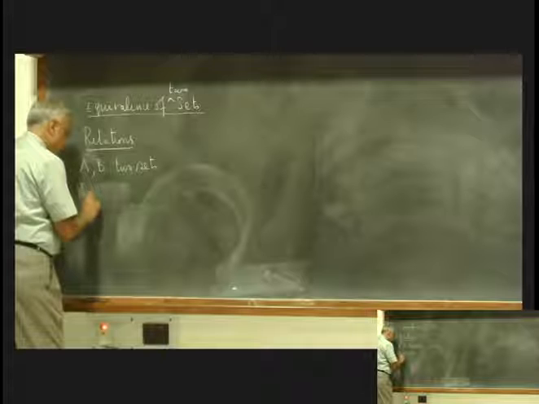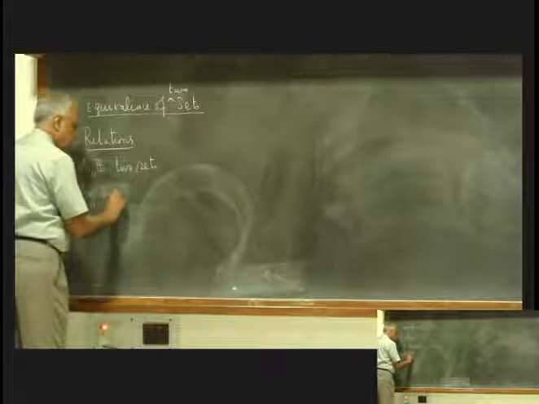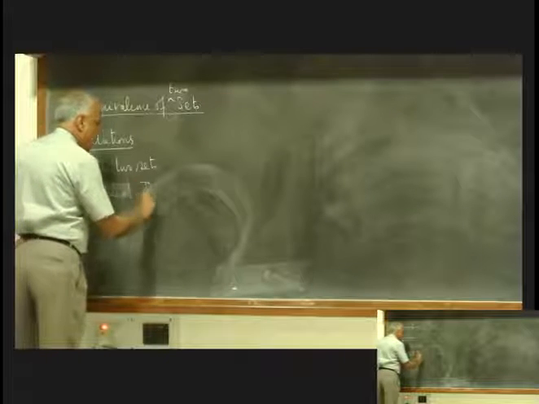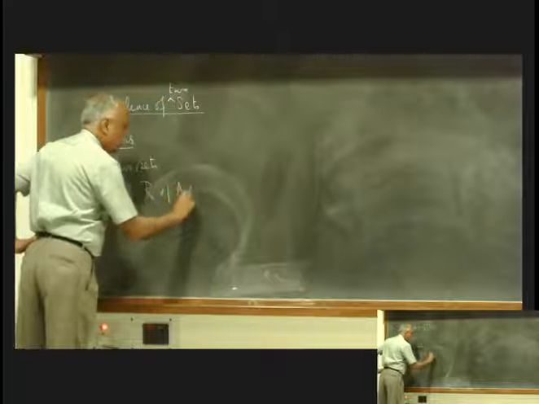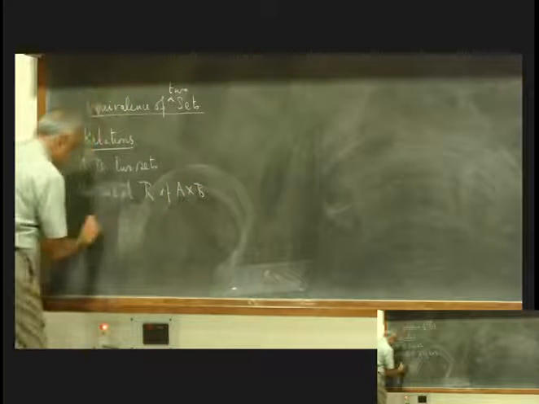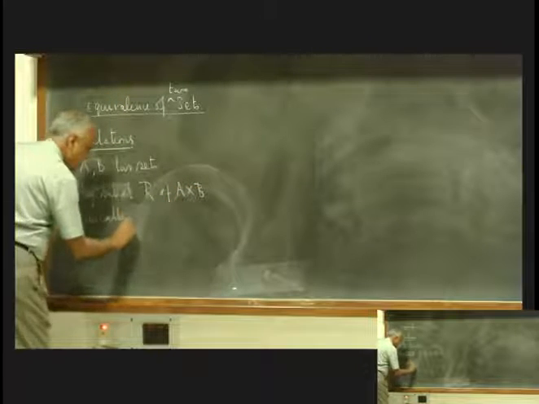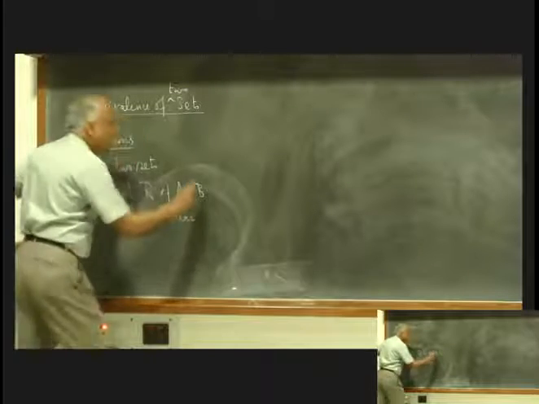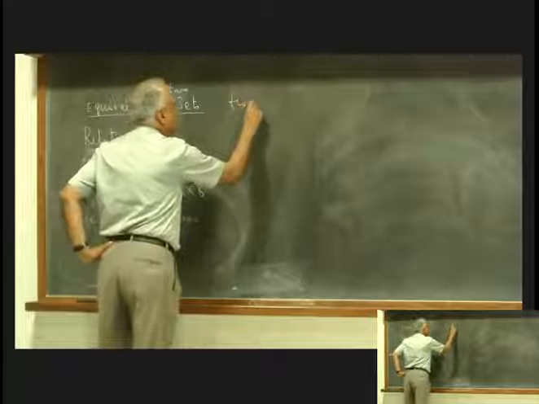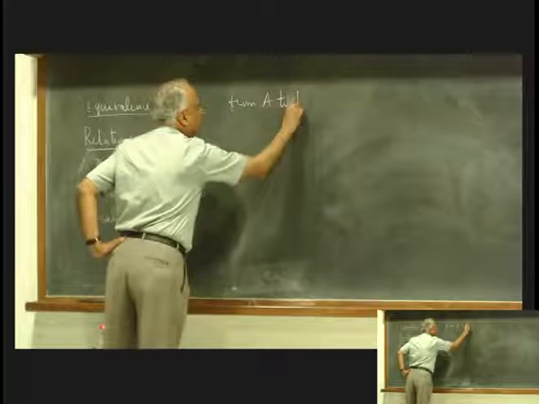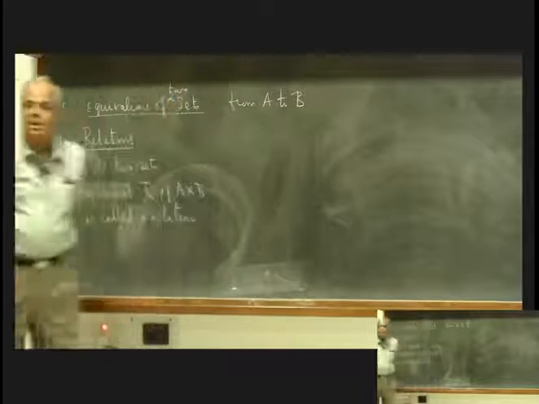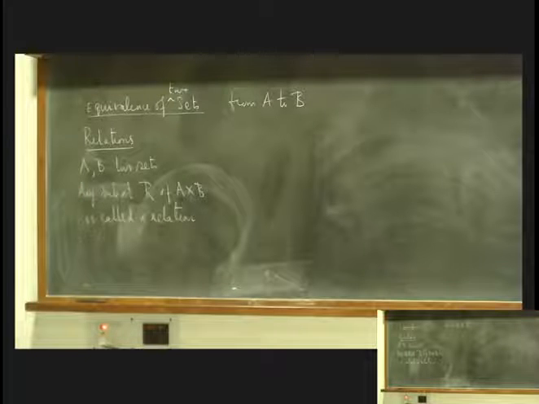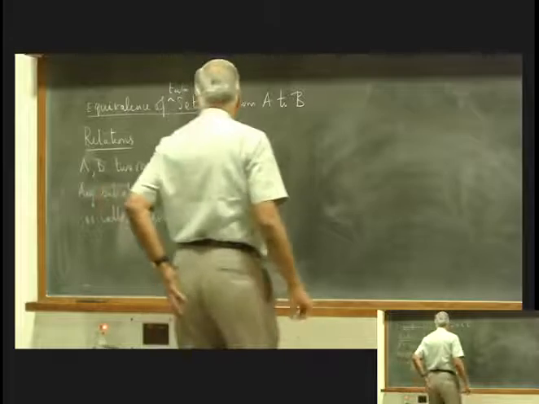Any subset R of A cross B is called a relation from A to B. Any subset of A cross B. Okay, so we will make certain comments here.